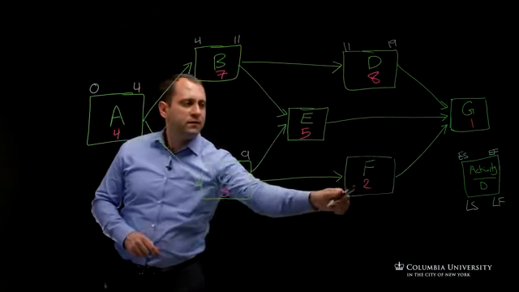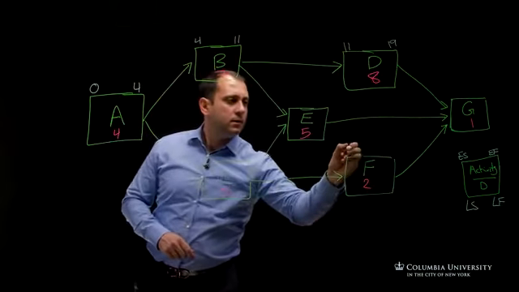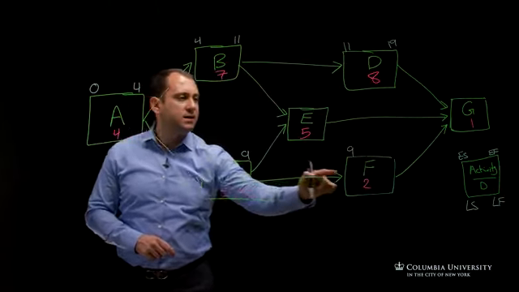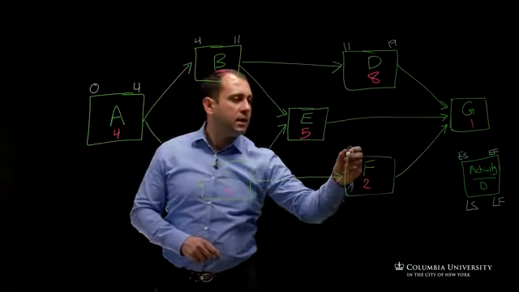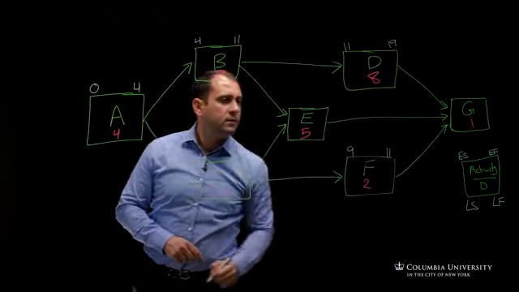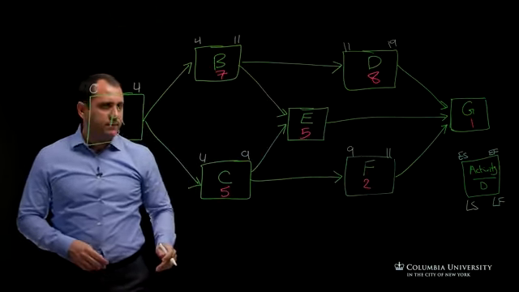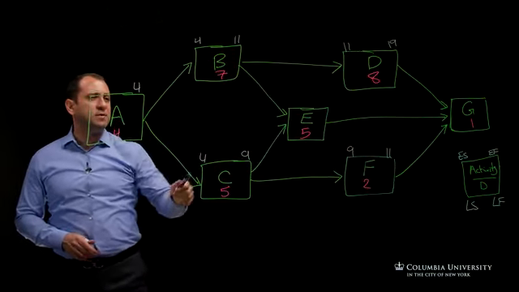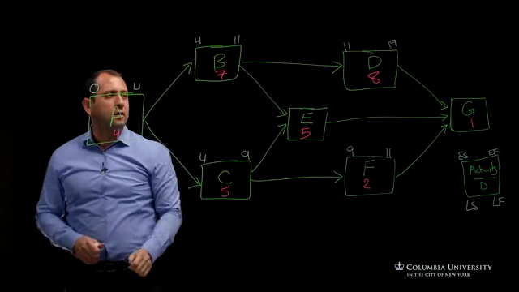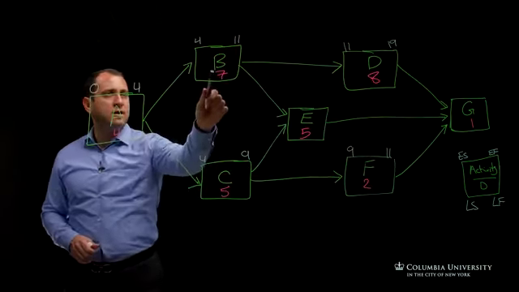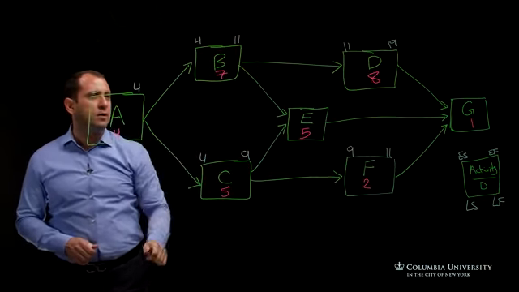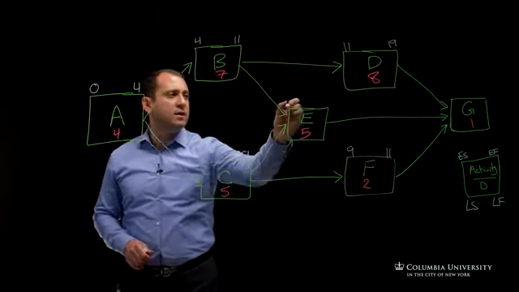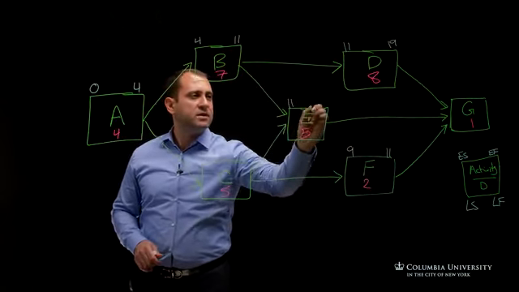Let's go for F. 9. We took it from the early finish of activity C, its only predecessor, and 9 plus 2, 11. And then for activity E it is the maximum between 11 and 9, because these are the two predecessors for E. Whichever finishes the latest will be the early start here. 11 plus 5, 16.